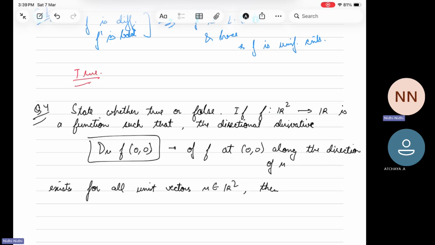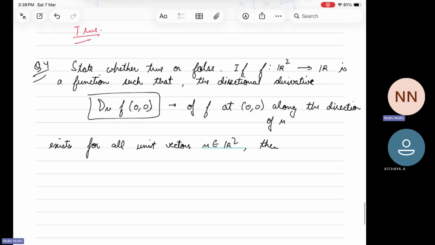Then they are saying that such a function f should be continuous as well.